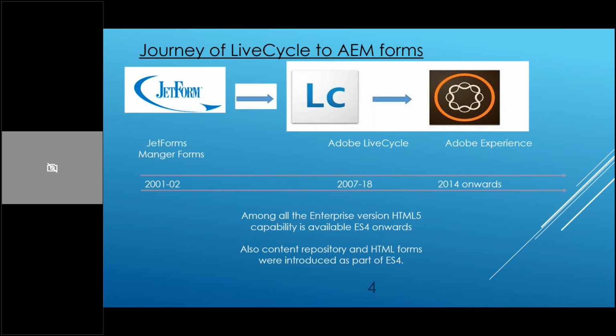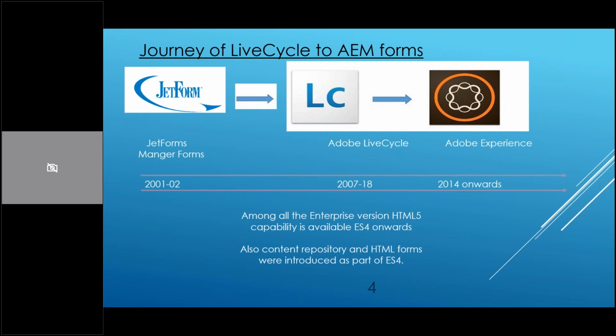Another point to be noted is that the adaptive forms or HTML capability in the JE product came from ES4. It was not there previously. Around 2010-11, HTML became prominent and came into the product.